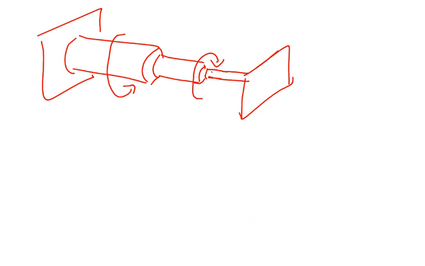And once I find the reactions, of course, I could go back and find all the internal torques in each segment, and from the internal torques, I could find the shear stresses in each segment. Those are the kinds of things you could expect to be asked to find.